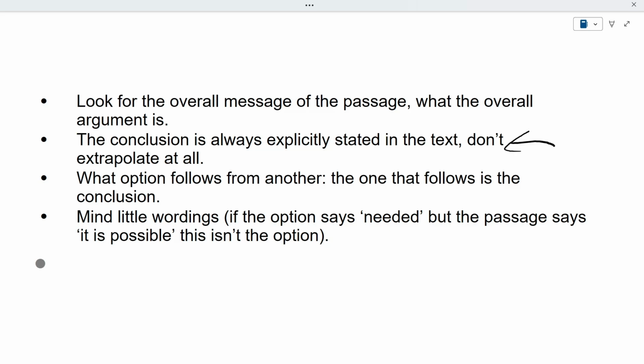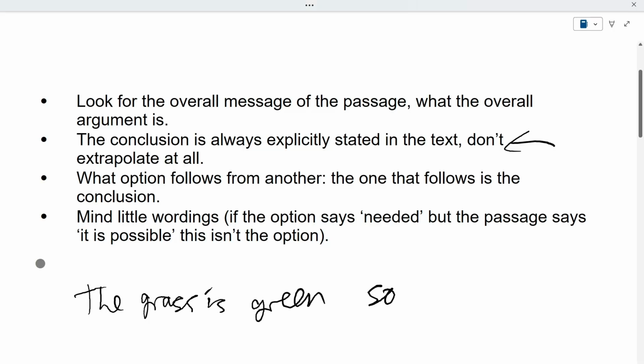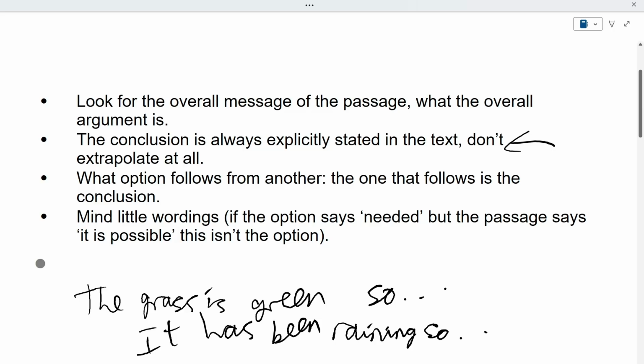So you might say something like, the grass is green, so it has been raining. So it is not summer, right? I'm not saying this argument is valid, but let's say the passage says something like this. This is an intermediary conclusion.